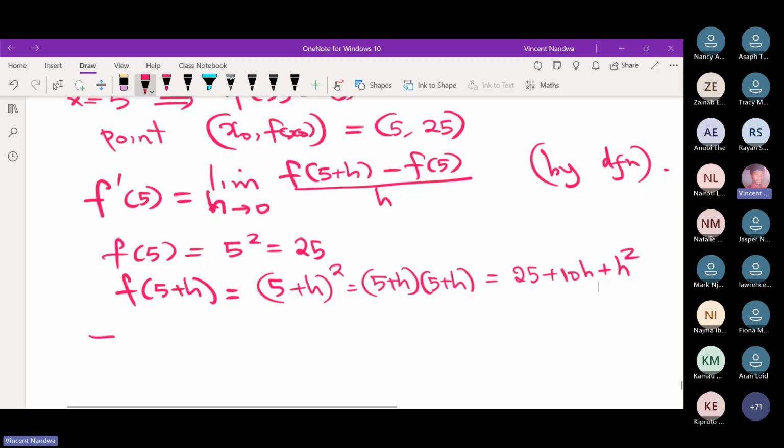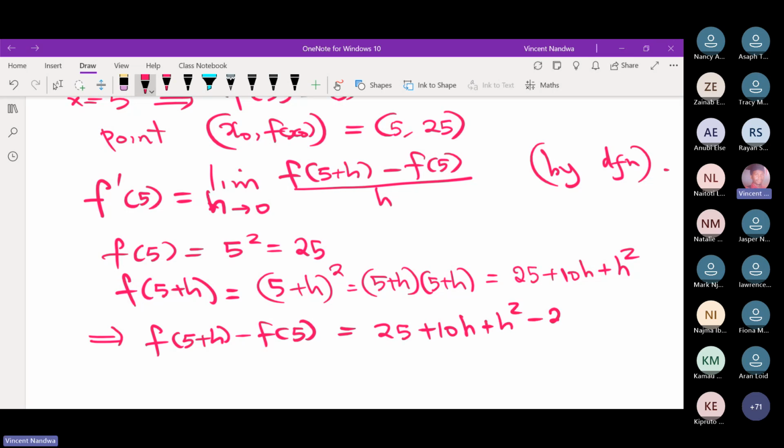So which implies that f of 5 plus h minus f of 5 will be given by 25 plus 10h plus h squared, then minus 25. So this is 10h plus h squared, which can be written as h into 10 plus h, because h is common.